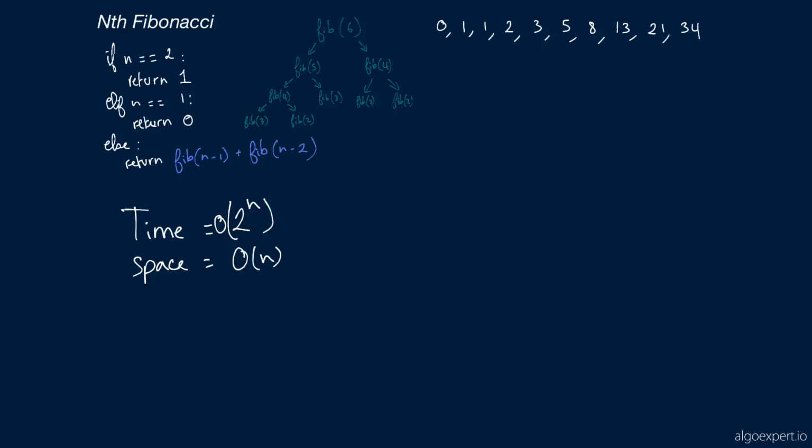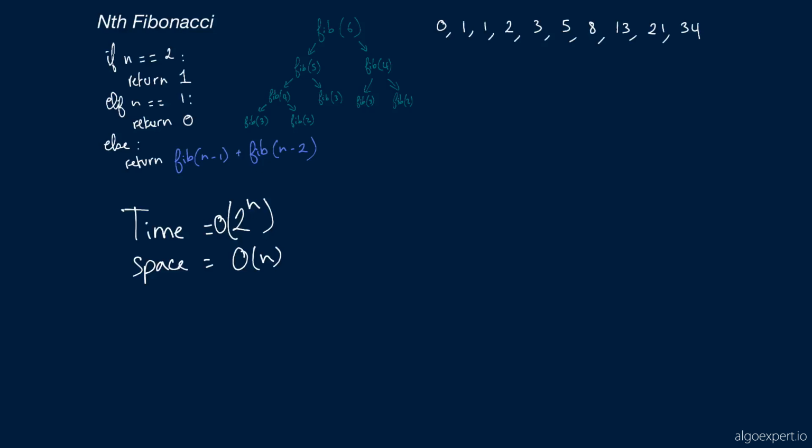So what if we could store all these solutions that we calculate, like fib of 4, in some kind of object or hash table, and then access them in constant time, in O of 1 time, in the future.